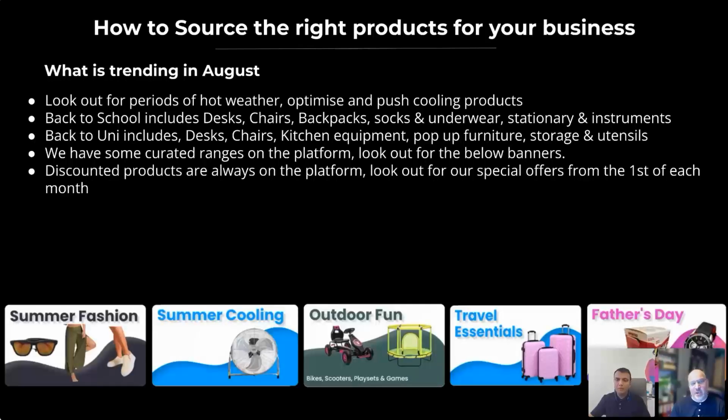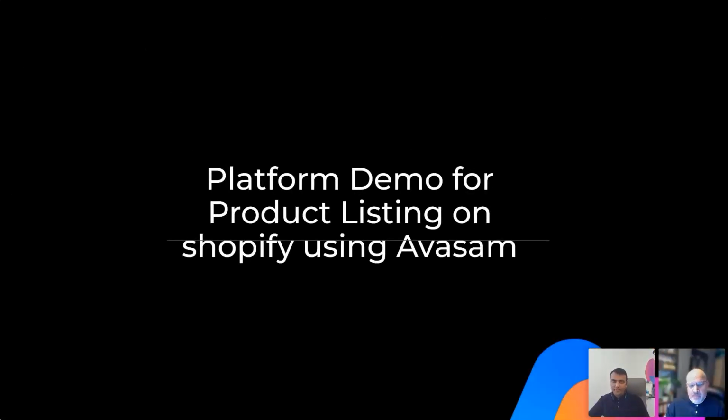And as I said, look out for the promoted products that have got pink labels on them, where discounts apply. Normally, the discounts start on the first day of the month and run for a whole month, but that's not always the case. The dates are on each of the individual products where there's information. And it's back over to you.